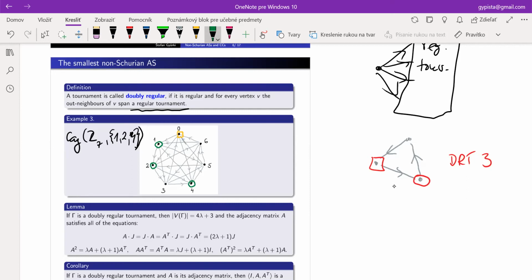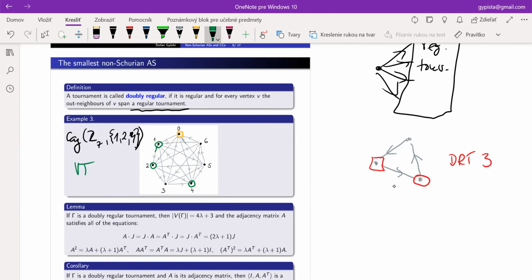It is clear that since it is a Cayley graph, then it is vertex transitive. So if I would like to check whether this tournament is doubly regular or not, it is enough to consider the out neighbors of a single vertex. So now I have chosen the vertex 0. I would like to see what is going on the vertices 1, 2, and 4.